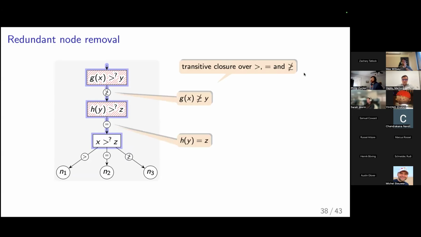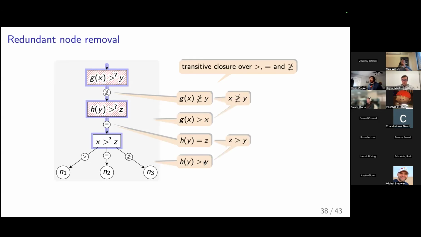And if so we run this transitive closure taking the information from these two branches, which is that gx is not greater than or equal to y and hy is equal to z. And there are also some additional axioms that we get from the simplification order itself.